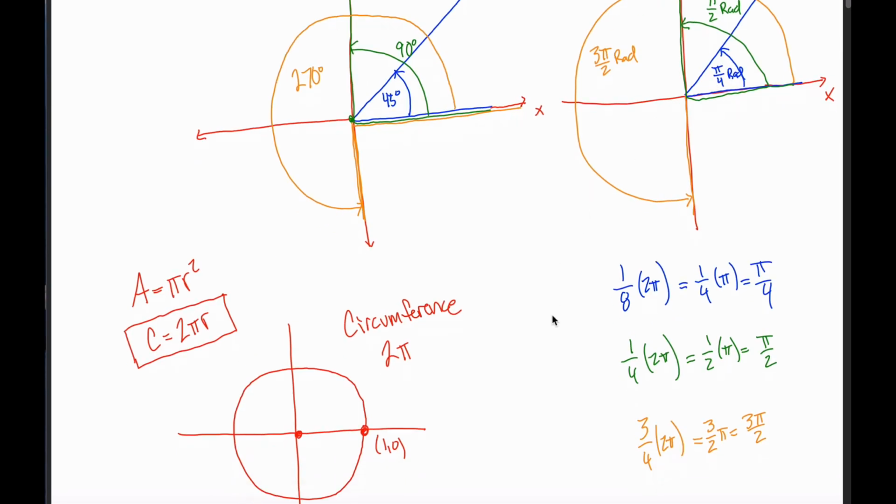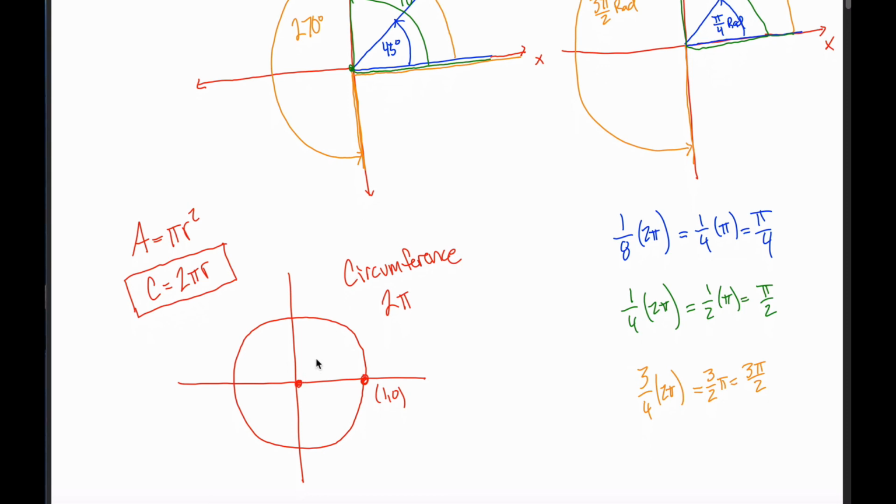Pi over 4, for example, is the distance that, I don't know, like a little ant or something would have to walk if that ant were walking around the outside of the circle to get between the 2 points that define this angle. The reason this angle is pi over 4 is because if we had a circle with radius 1, which is called a unit circle, and I were walking around the outside of that circle, I'm a tiny little ant, the distance that I would have to walk would be pi over 4 units.